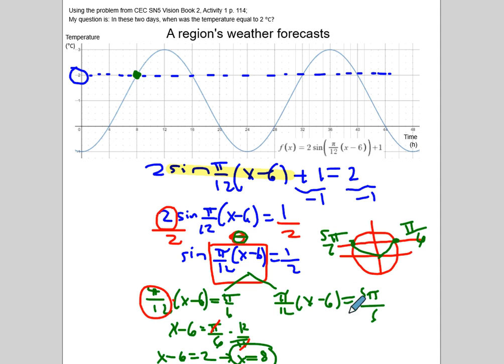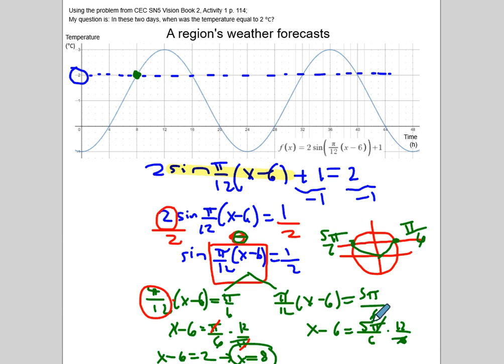We're going to do the same process on the other side. So x minus 6 will be equal to 5 pi over 6. And when we divide by pi over 12, we can multiply by the reciprocal. So 12 over pi. And again, simplify.